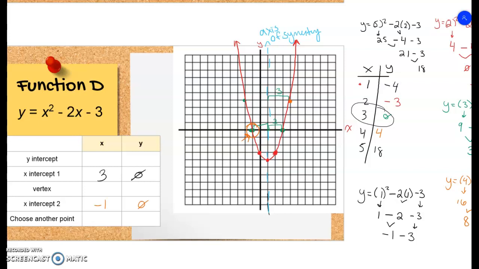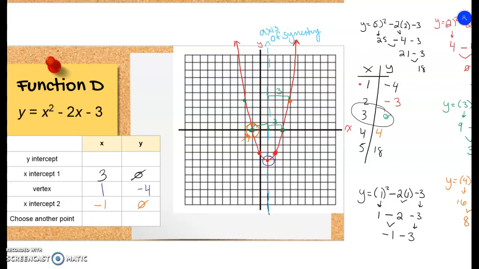My vertex is going to be right smack dab in the middle. So the middle point here in purple. So I know that that's 1, 1, 2, 3, 4. That is 1, negative 4. And my y-intercept is going to be where my parabola hits the y-axis.